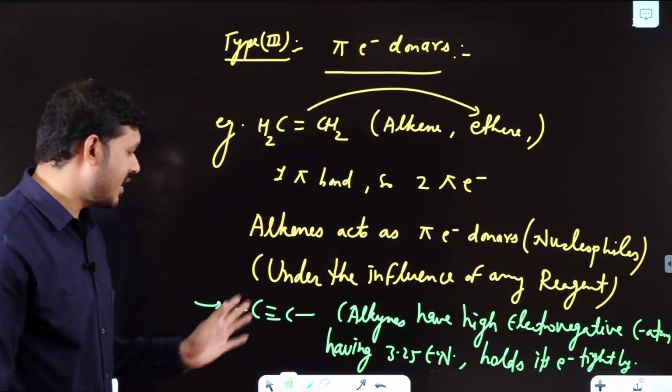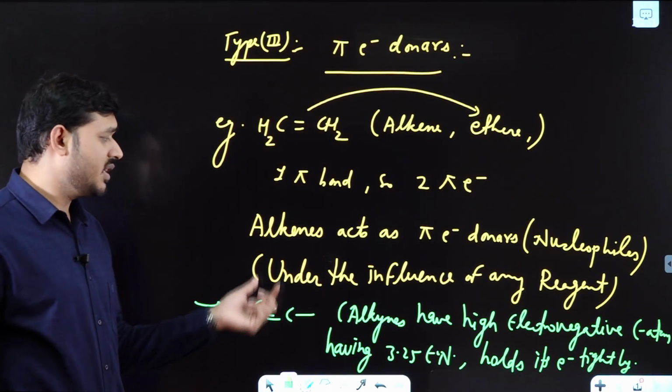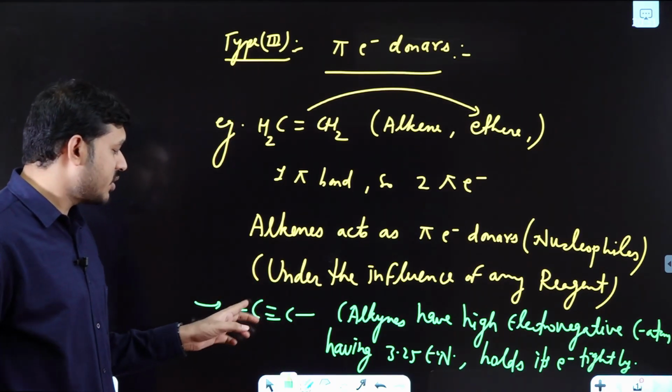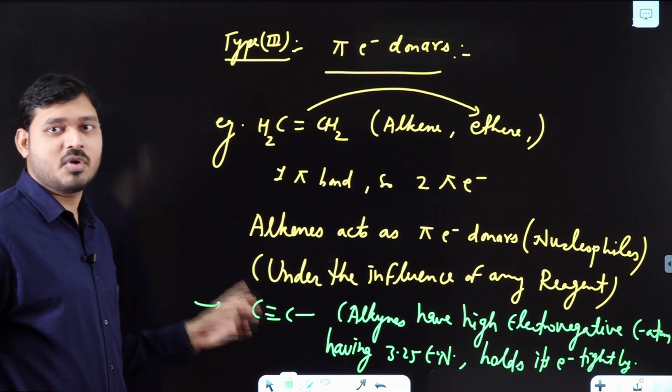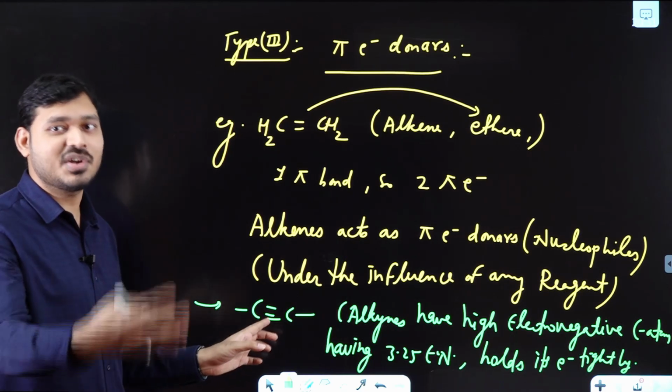So you have to understand, triple bonded carbon atom means alkynes generally never behave as a nucleophile. Why? Because it is one of the most electronegative elements. Triple bonded carbon has electronegativity 3.25, even higher than nitrogen.